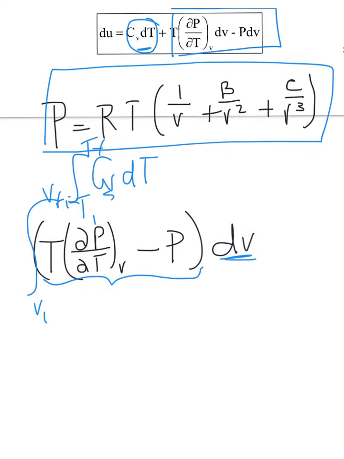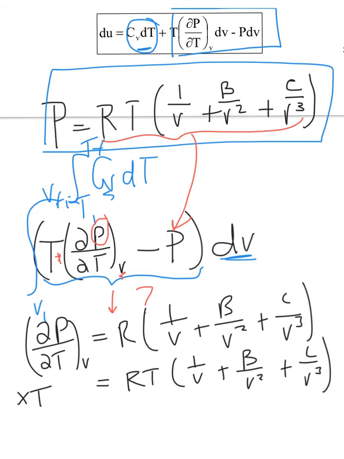So what we're going to do next is substitute this whole equation for pressure. Instead of pressure here, we're going to take the derivative with respect to temperature, while the volume is considered to be a constant in that equation, multiply it by temperature, substitute this whole equation for pressure in here again, and see what is the resultant equation that we then need to integrate.